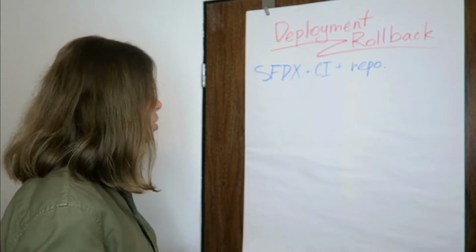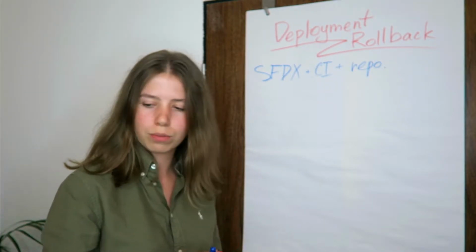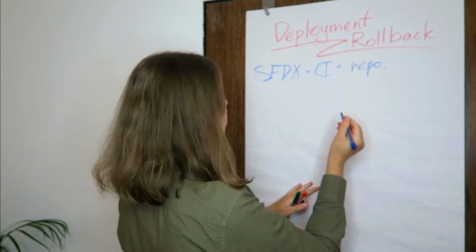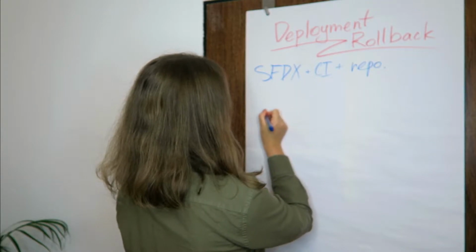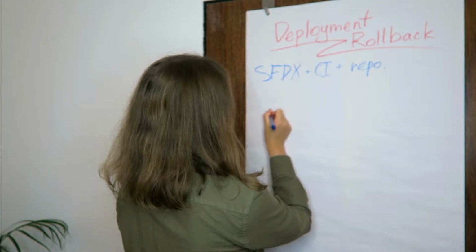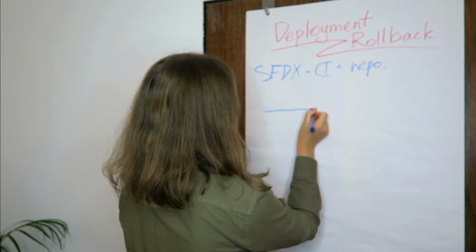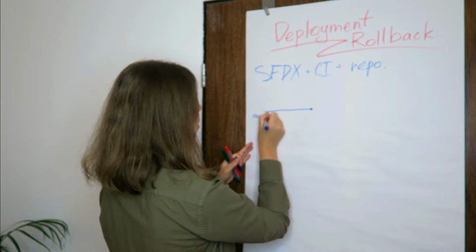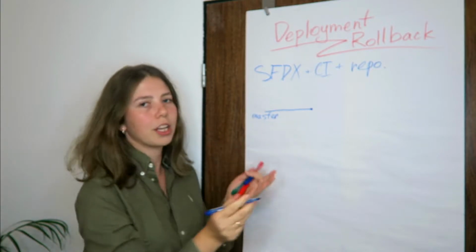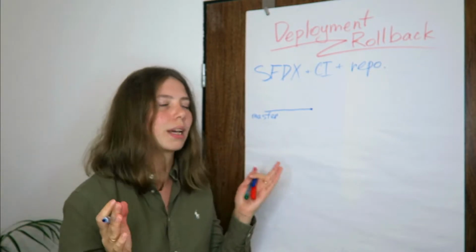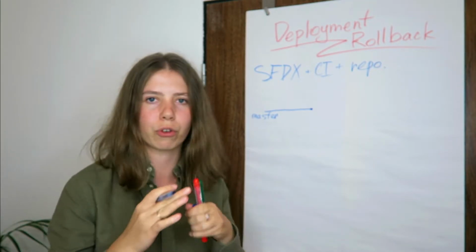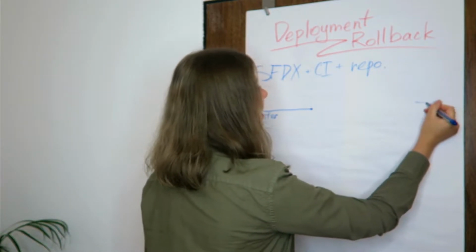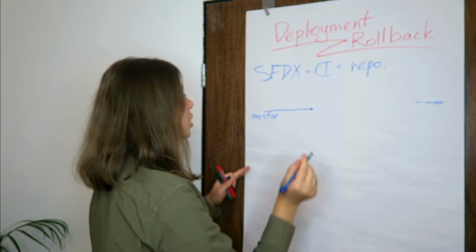Each deployment would mean some merging of a branch. Normally you have a master branch, which is responsible for your destination environment, for example, production. So you have your master branch.